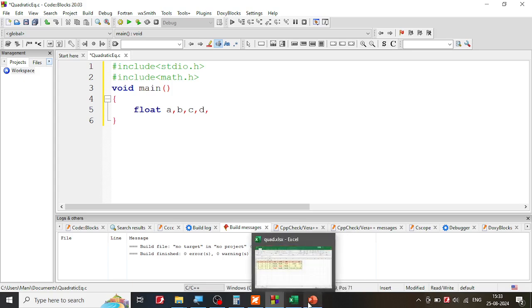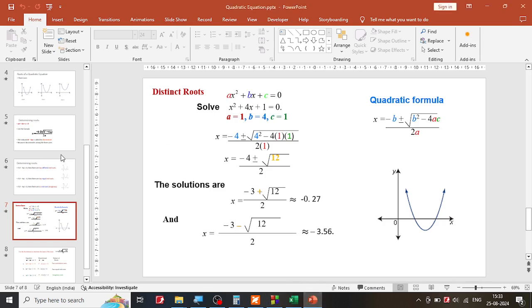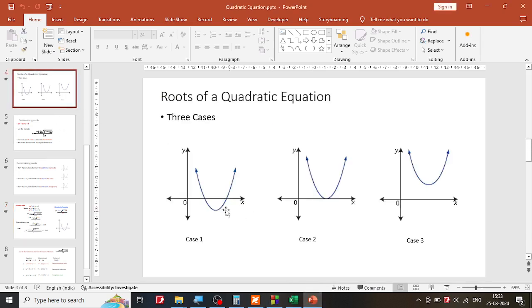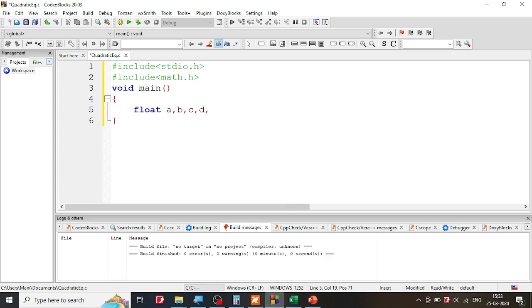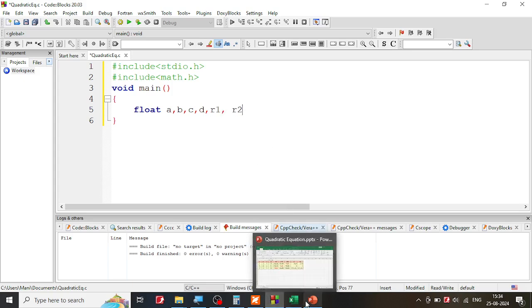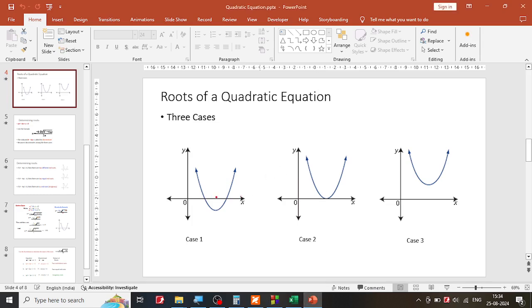One is when you have two distinct values, R1 and R2, and the other one is imaginary. So I'm going to use R1 for the first root, R2 for the second one. This is the case wherein I call it root 1, R1, and the other one root 2. Then you get R1 is equal to R2 because it is the same value.